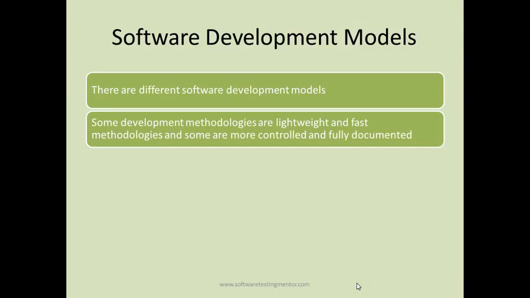In this time frame of 2 to 4 weeks, you have to design, develop, test and deliver, and after testing you need to showcase to the stakeholders whether the product that has been built in that sprint meets end user requirements. So agile development methodology is very fast and lightweight.